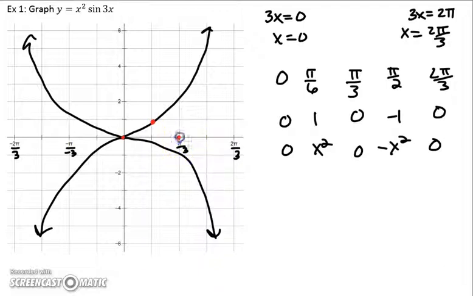Then back to 0, and then down here, and then back to 0. And if we work from the left to the right again, it's going to start at 0, go all the way up to my function, back to 0, down to that function, and again, it's going to keep the same basic shape of sine, but it's going to be smashed in between x squared and negative x squared.